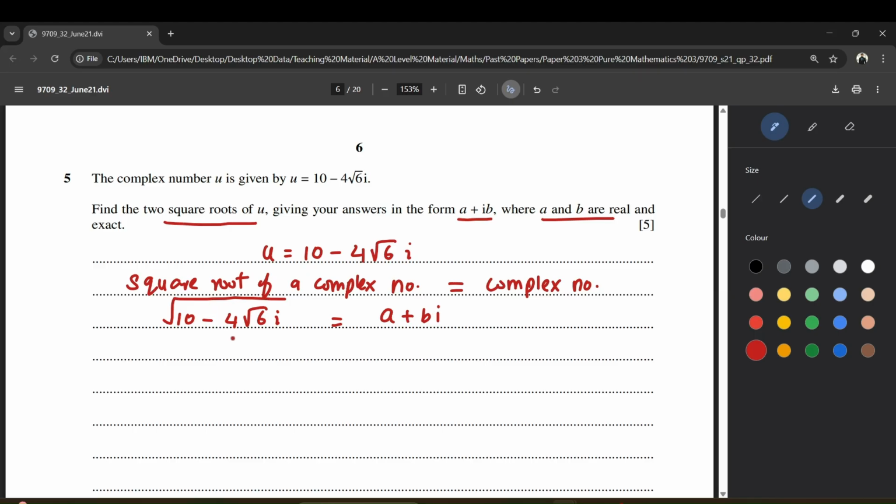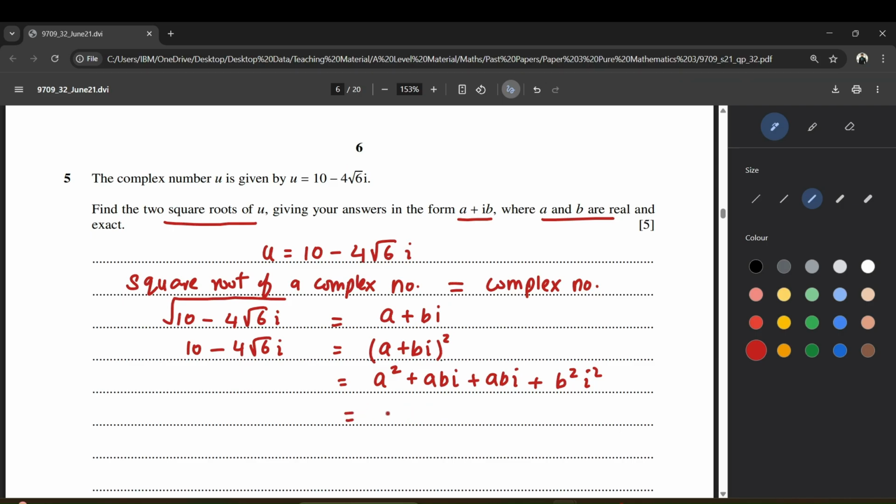If I square both sides, we can get rid of the square root, and a plus bi will be squared. So if I expand this, this becomes a squared plus abi plus again abi plus b squared i squared.